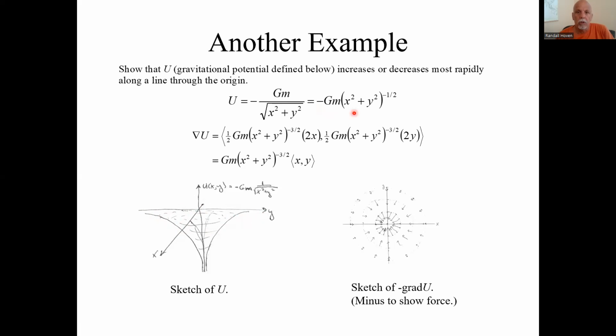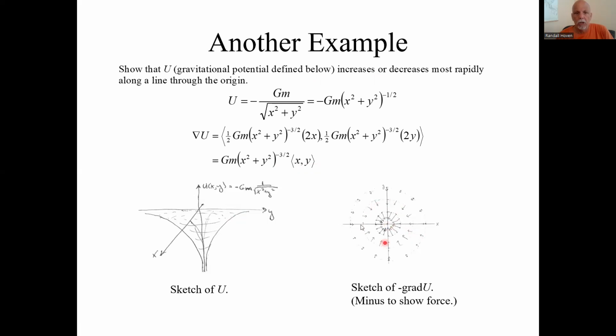What's its gradient? We'll start taking this guy's partial derivatives. Here's its partial with respect to x, partial with respect to y. It simplifies a bit, and I can take out the common terms, and I'm just left with the vector (x, y). The part out front just scales that direction vector. And if its direction is (x, y), that means it's on a line through the origin. So we just showed that. And what does this look like? Well, it's always on a line through the origin.